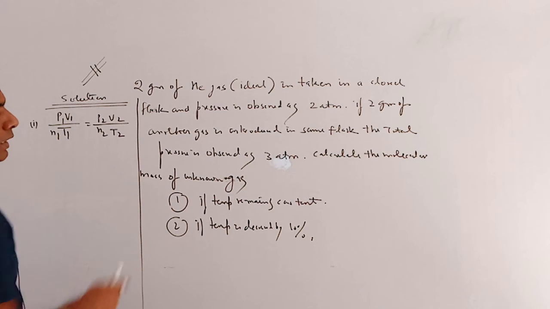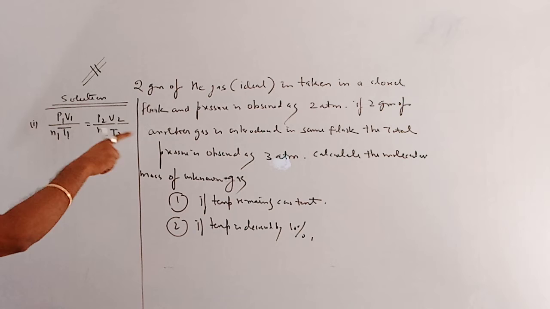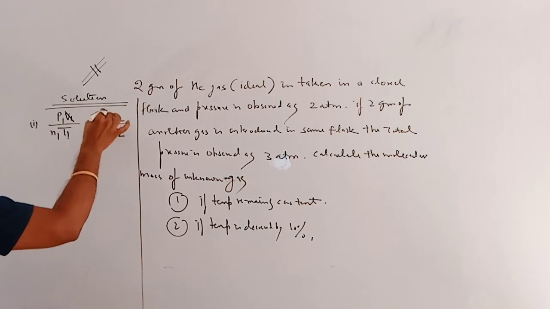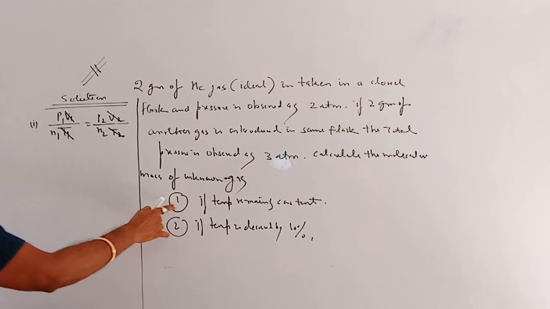So in the first part, in which temperature remains constant, T1 is equal to T2, V1 is equal to V2, since it is the same flask, so volume will be constant. So V1, V2 will be cancelled, T1, T2 is also cancelled in case of the first part.